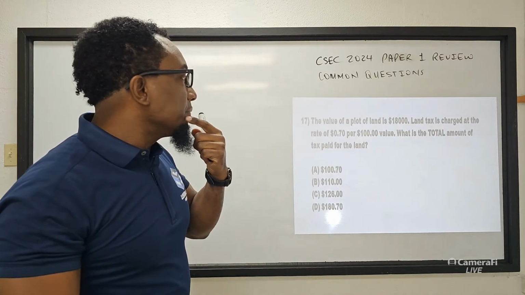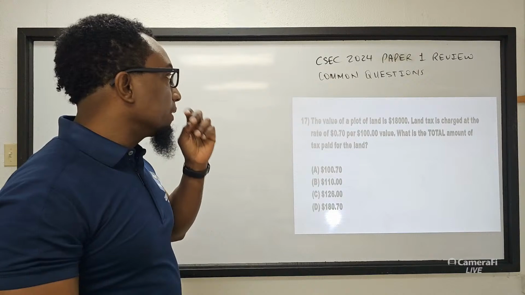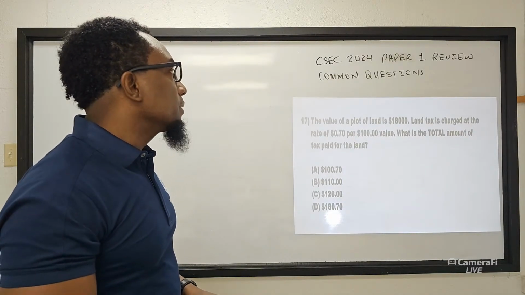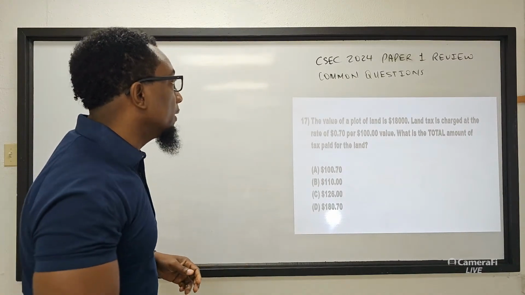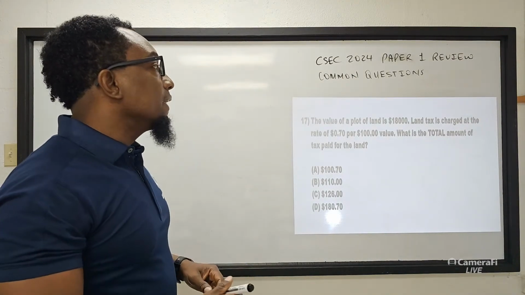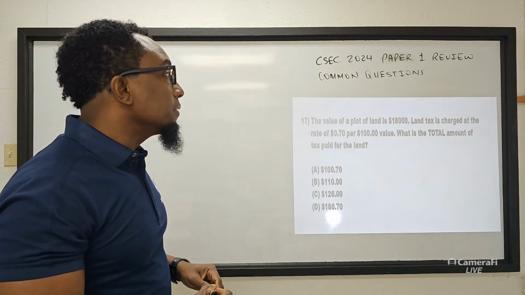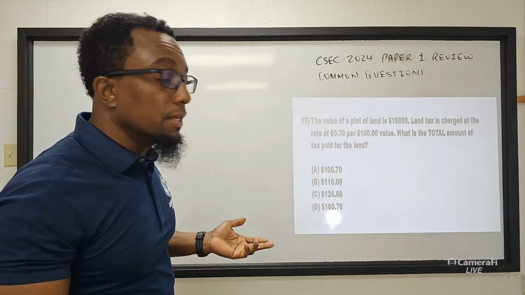So the value of a plot of land is $18,000. Land tax is charged at a rate of 70 cents per $100 value. What is the total amount of tax paid for the land? Alright, so another common question. So therefore, if land tax is charged at 70 cents per $100 value, let's determine how many $100 we can obtain from our $18,000, right?